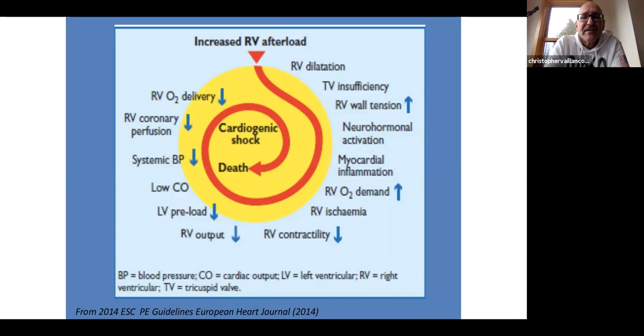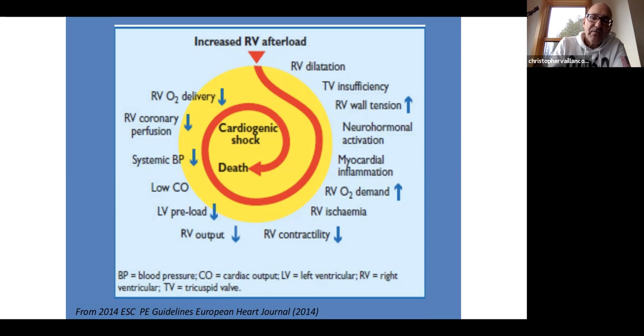So this is how we should think about our RV afterload with these patients. Go back to the clinical scenario and the CT result: how much clot load do you have? Is that really responsible for the RV dysfunction? If it is, then you start to go into this very, very death spiral of dilatation and neurohormonal activity.